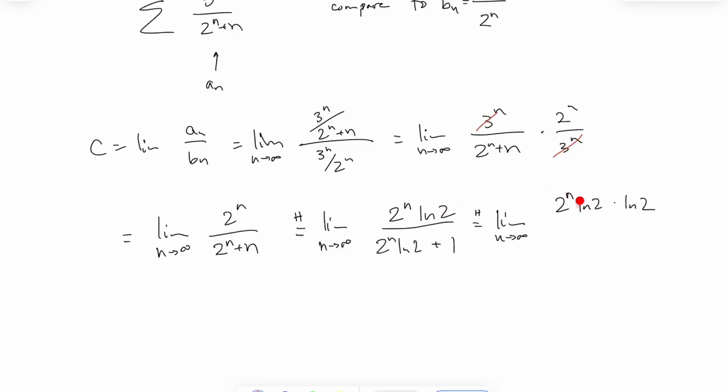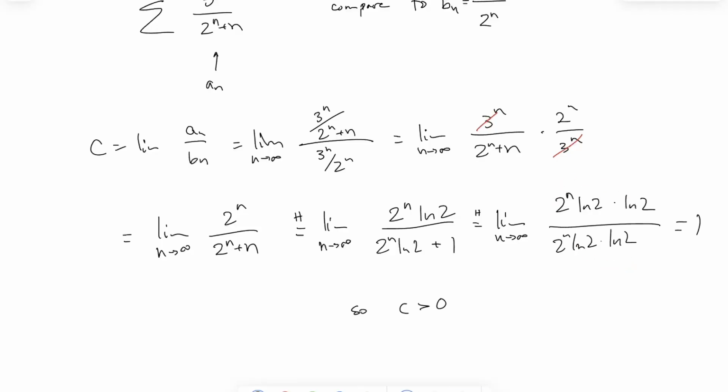But when I take the derivative of the 2 to the n, I get a new 2 to the n ln2. And then on the bottom, 2 to the n ln2 again, times ln2, right, from the first term. And then the plus 1 goes away because it's a constant which is added to the other part. All right, now everything here straight up cancels and we just get 1.